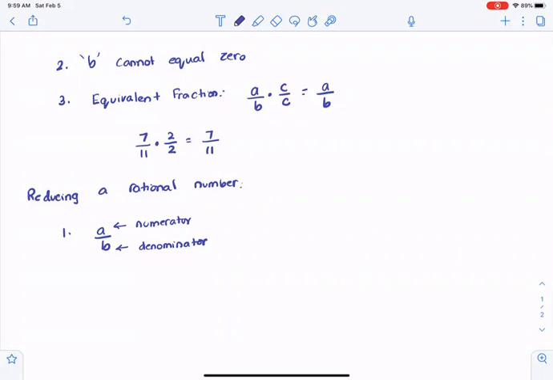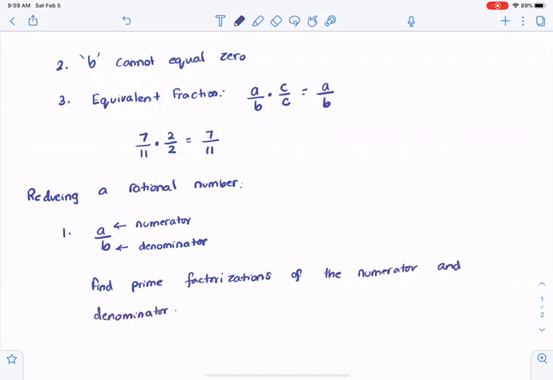What we want to do is find prime factorizations of the numerator and denominator, and cancel out common terms. Beyond a certain point, you would not be able to get rid of any numbers, at which point the rational number is reduced to the lowest terms possible.